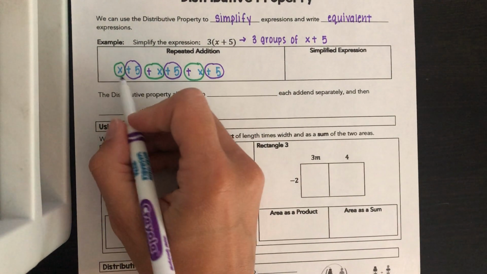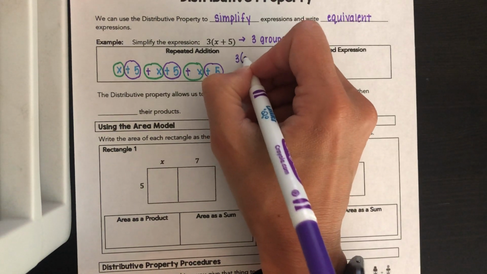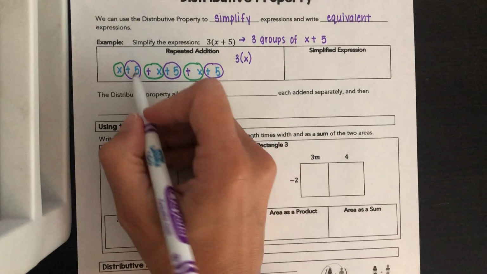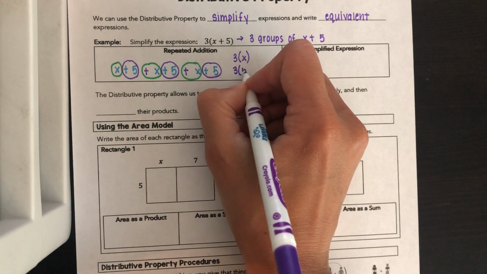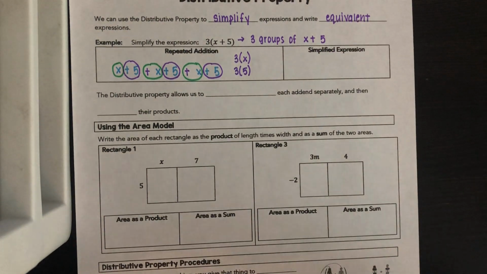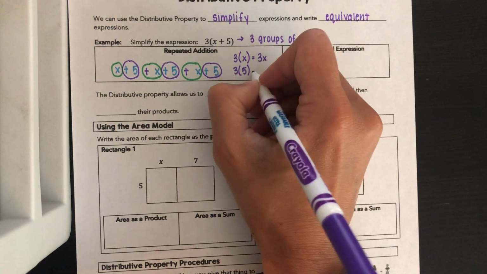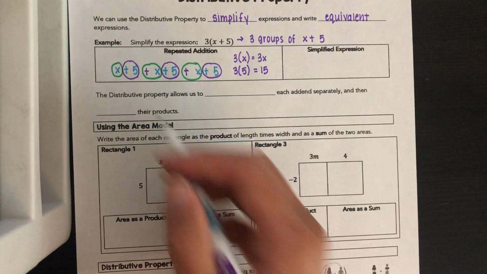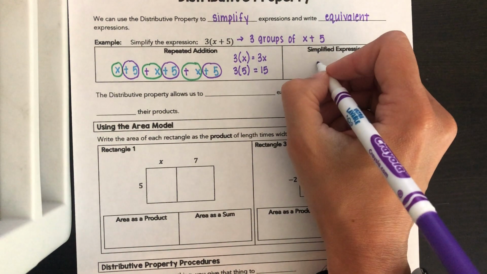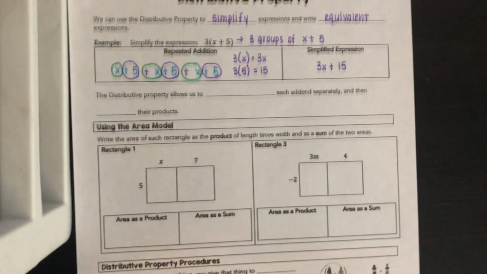We have x three times, so 3 times x, and we have 5 three times, so 3 times 5. So our simplified expression: 3 times x is 3x, and 3 times 5 is 15, and we combine it all together. Our simplified expression is 3x plus 15.